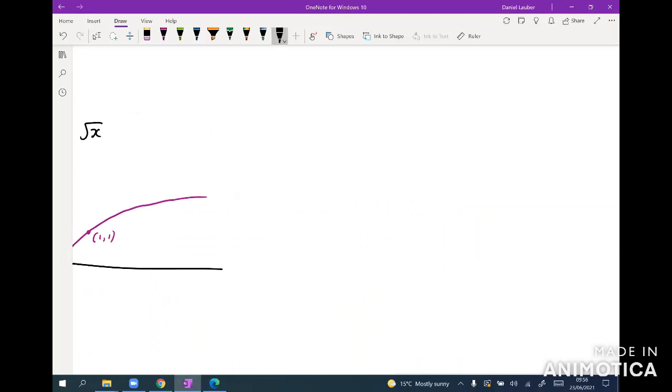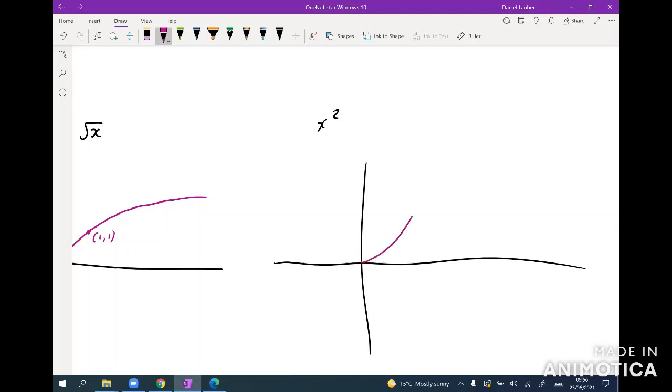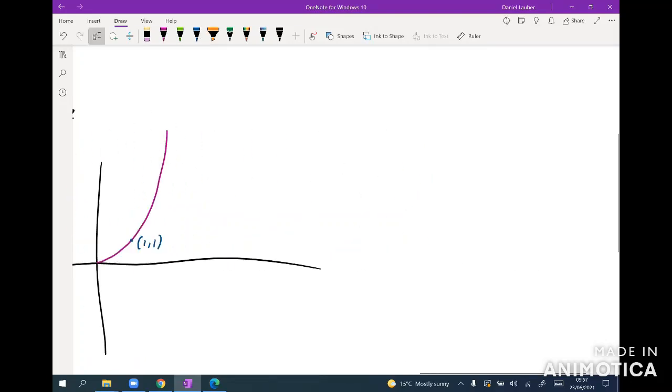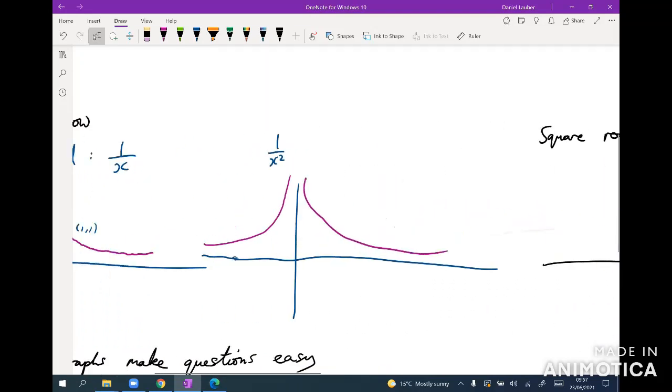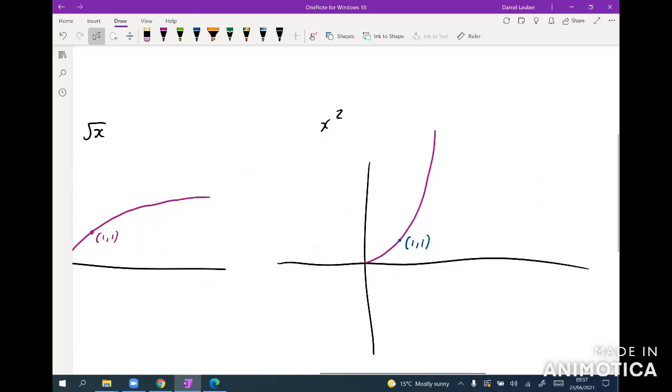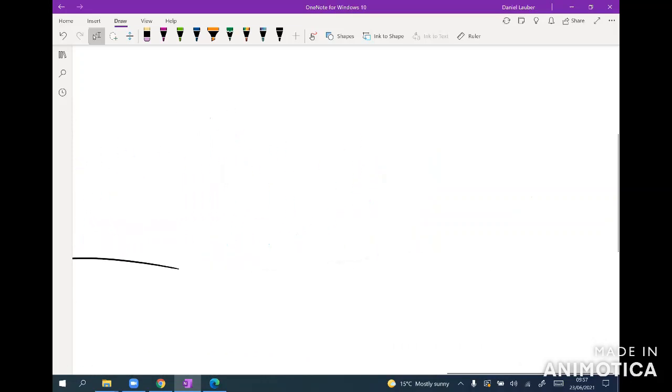Okay, and then we have the simple x squared graph, which we've already mentioned, but just does that. And I just want to draw attention to the fact that that also goes through the point 1, 1. Okay, so those are the first sort of simple set of graphs. Just make sure you immediately can sketch those, as well as quadratics of many types.